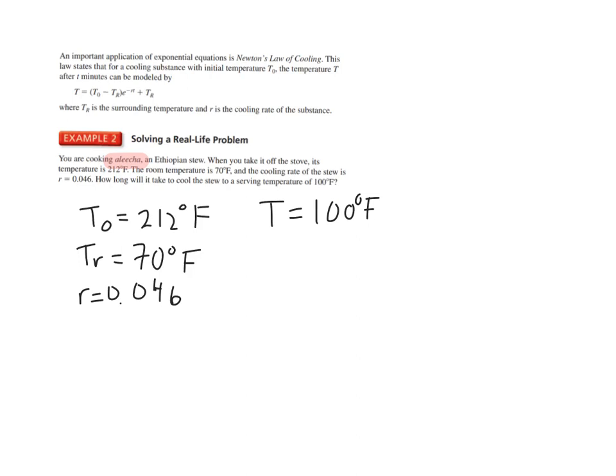So we've got 100 is equal to 212 degrees Fahrenheit minus the 70, because that's the surrounding temperature, times e to the negative 0.046 t plus, and it looks like we're going to use T sub R again, so then we have 70.